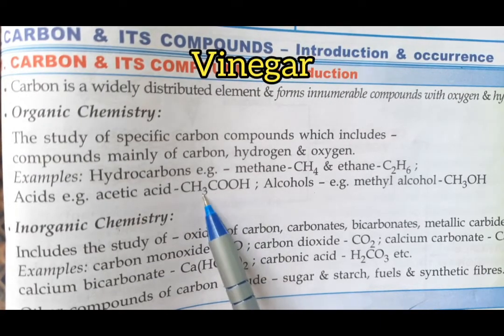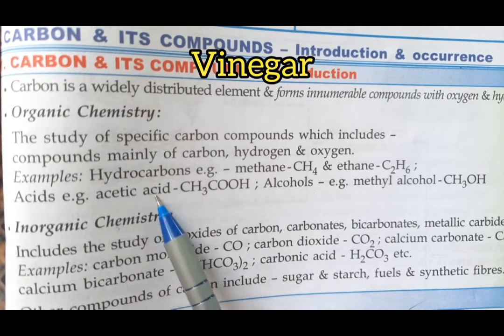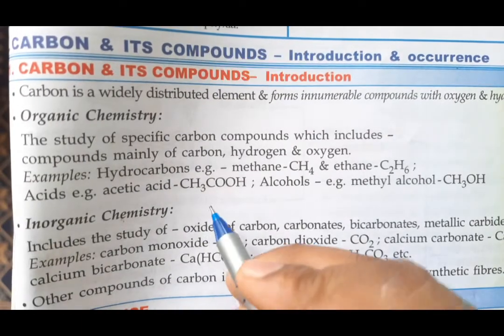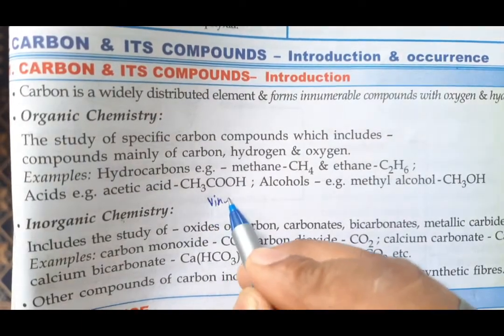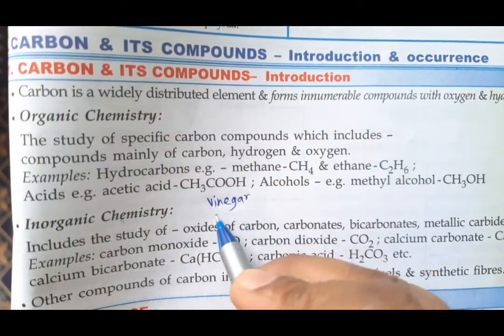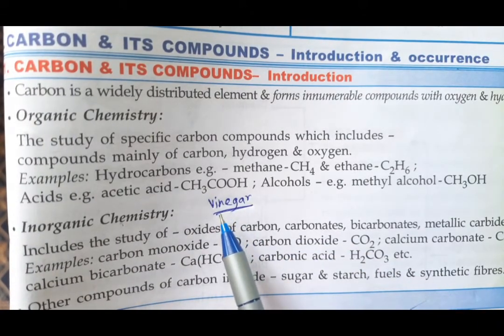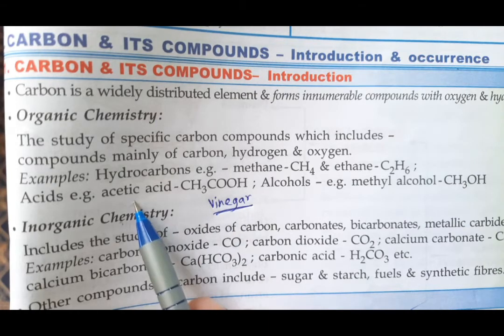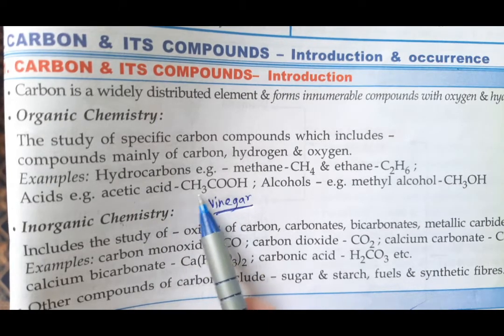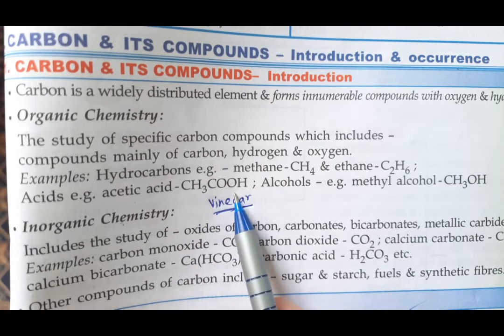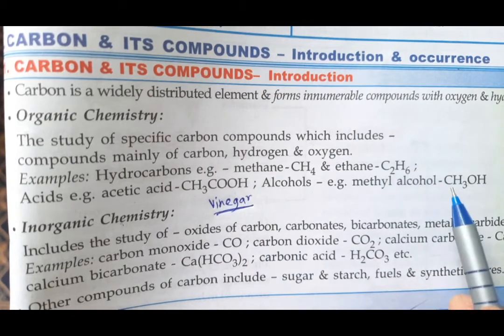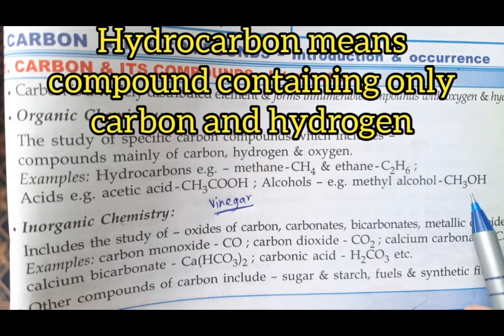And do remember, students, that acetic acid is also known by the name vinegar, which we put in chow mein, right? Or if you want to preserve pickle, we add vinegar. So acetic acid, another name is vinegar, whose formula is CH3COOH, and methyl alcohol, formula is CH3OH, students.